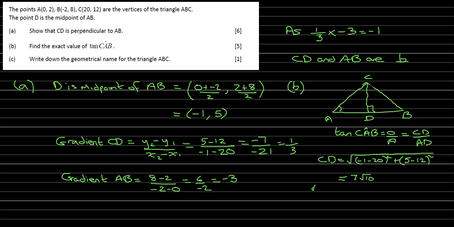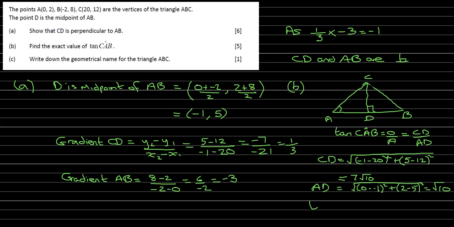And AD, similar thing, that's going to be 0 minus 1 squared and 2 minus 5 squared, which is equal to the square root of 10.